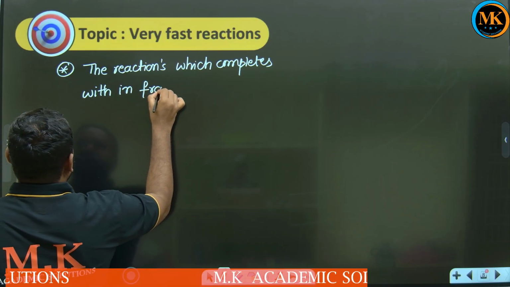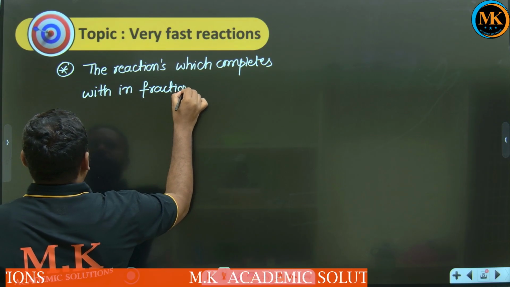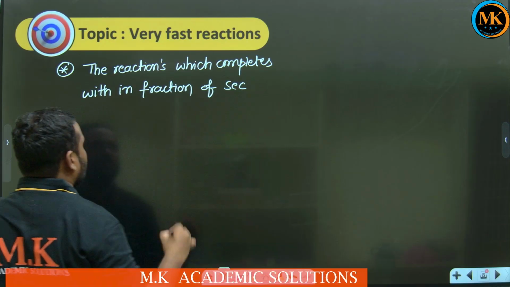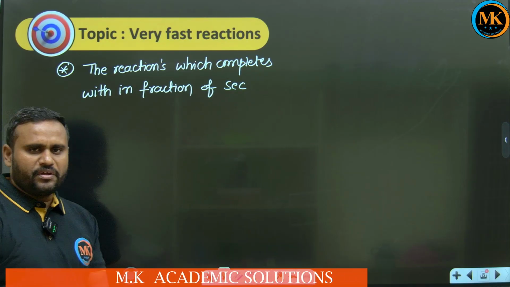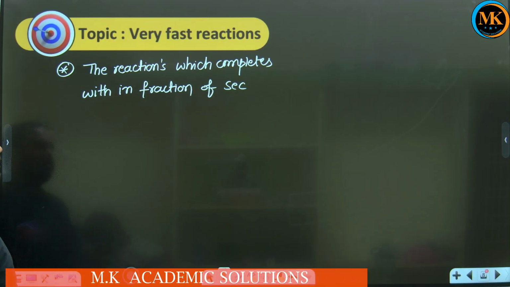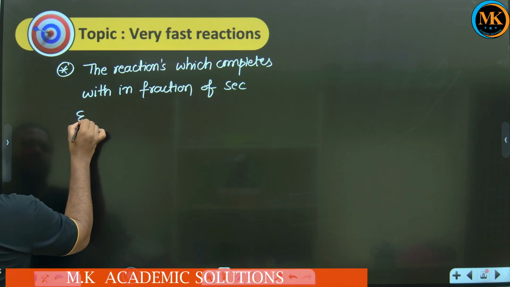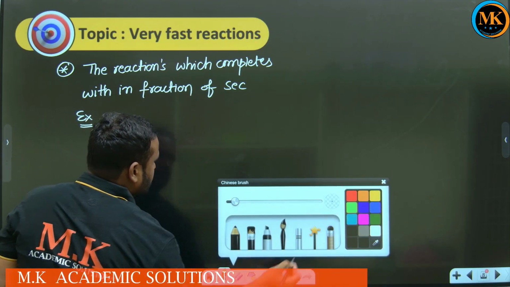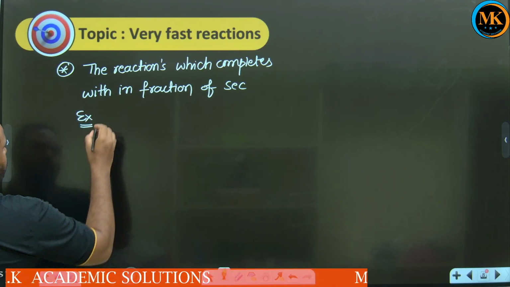Such type of reactions are called very fast reactions. Now let us take the example for very fast reactions. What are the examples we can give?